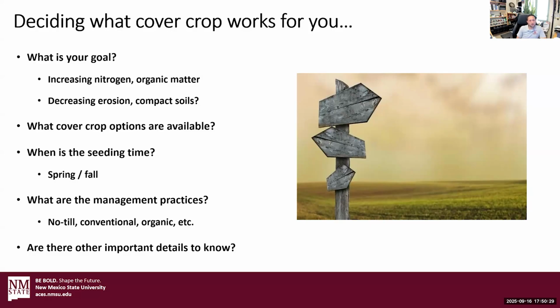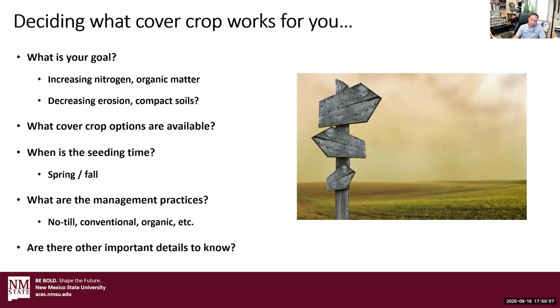And then what are your management options or practices for your own fields or your own production system? Are you no-till? Are you conventional? Or is it strictly organic? Is it a mix? Or are there other important details to know, right? Do you have the correct planting equipment? Do you have the manpower?